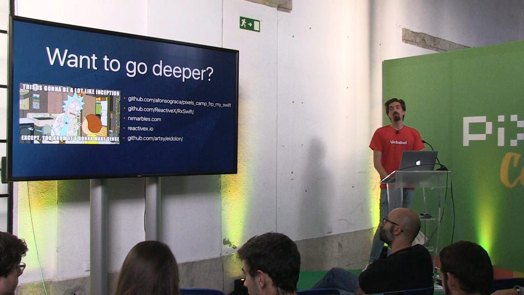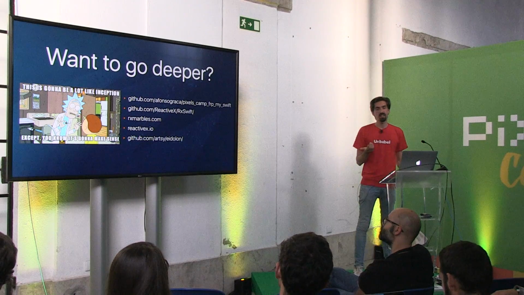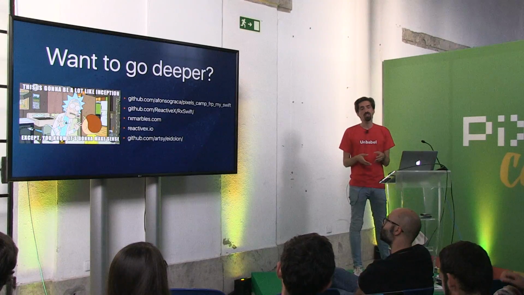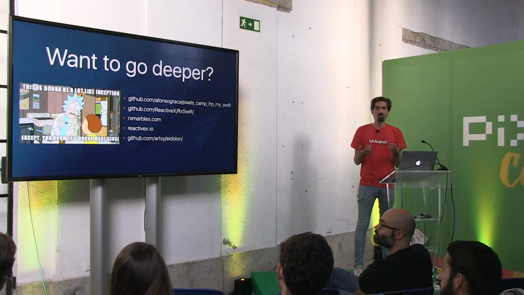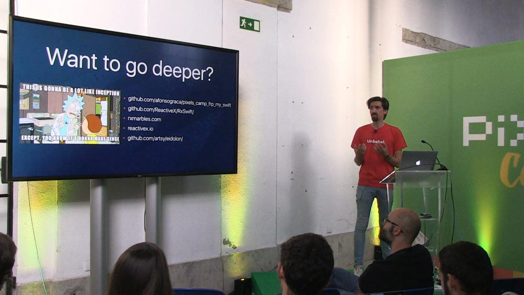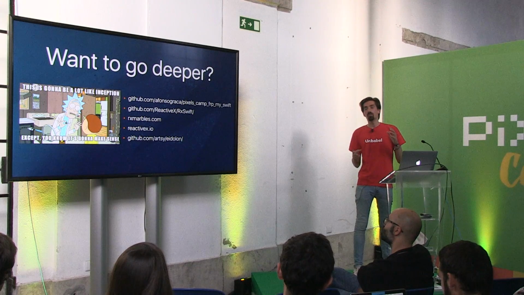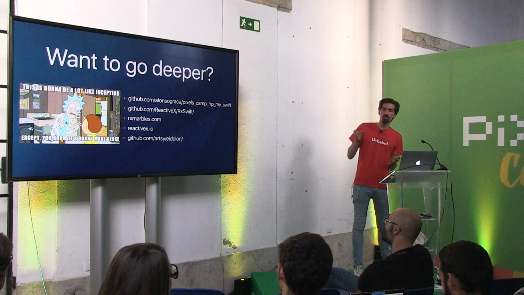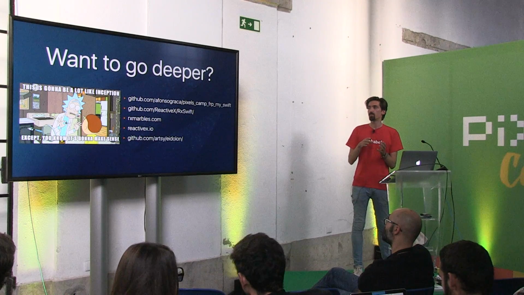If you want to learn more about the theory, you have reactivex.io, which is actually the project that started all this. ReactiveX is a project started at Microsoft, I think, that started this whole idea of combining the best things of the observable pattern, the iterator pattern, and functional programming.